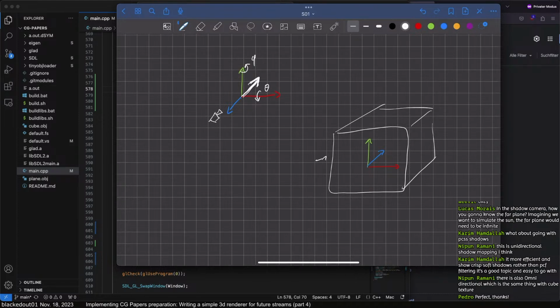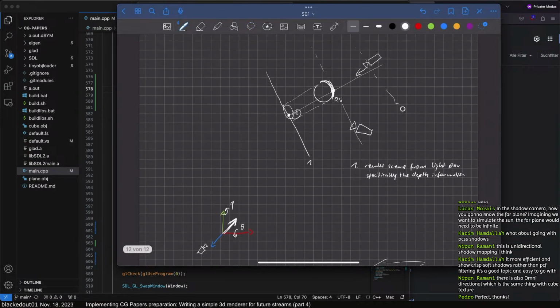So this is -1, this is 1, this top one is 1, this is -1. And so in that direction, this is also -1 and this is +1.